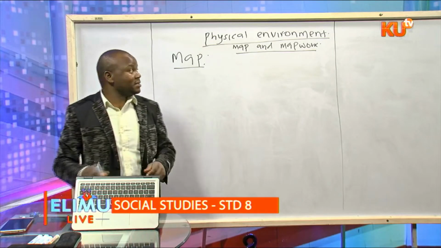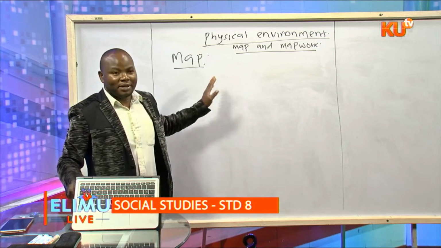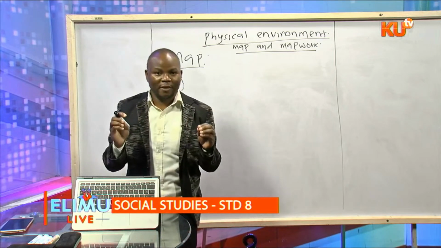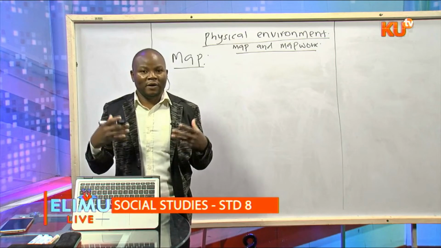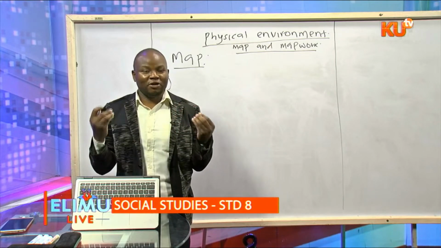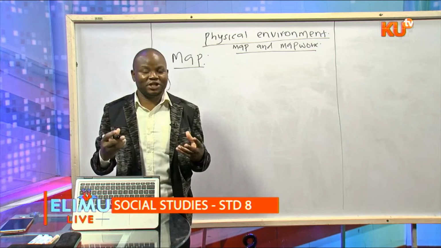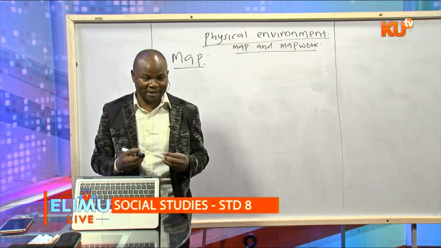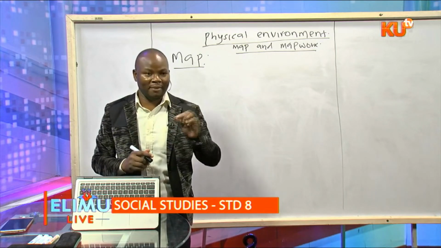So the first, a map is a presentation of the earth on a piece of paper. That is what we call a map.